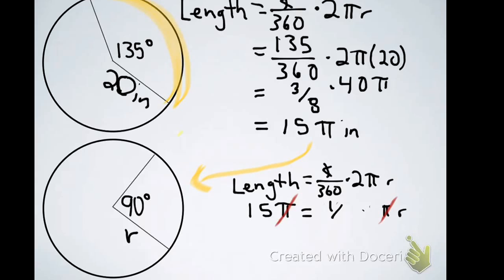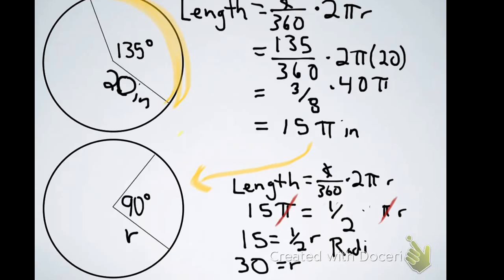So what I'm left with here is 15 equals 1/2 r. Well, using the reciprocal, or multiplying both sides by 2, I get 30 equals r, which tells me that in order to have the same arc length of 15 pi, my other circle needs to have a radius of 30 inches.